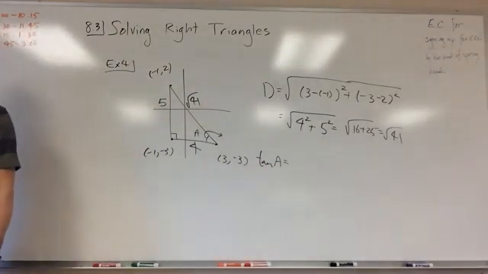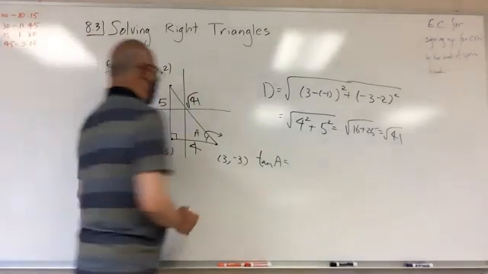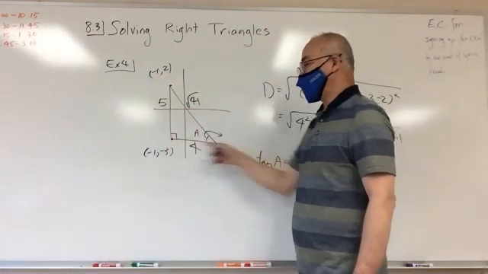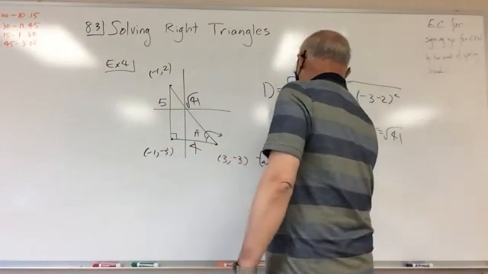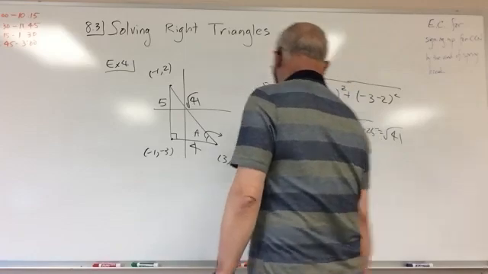What is the tangent? Tangent is the opposite over the adjacent. Opposite would be 5. Adjacent is 4. 5 over 4, which is 1.25.